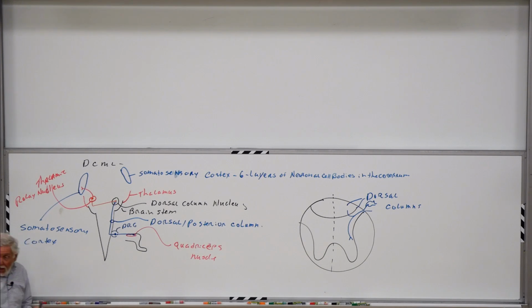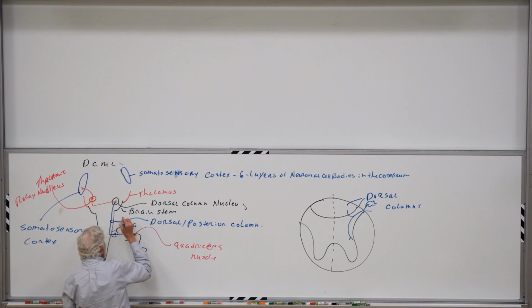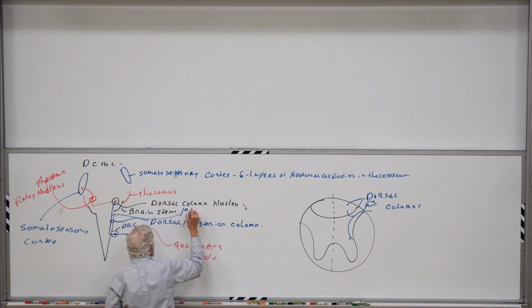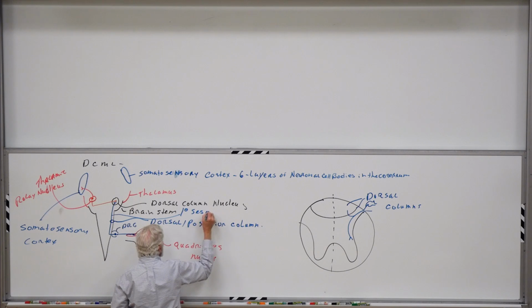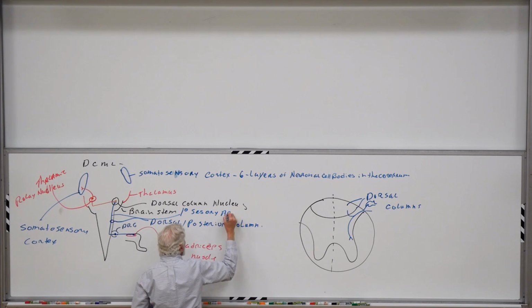Now we can number these and show that it's always a 3-cell chain. This is the primary sensory afferent.